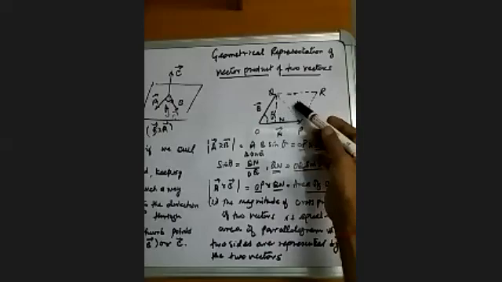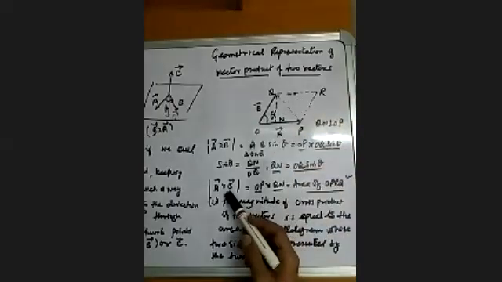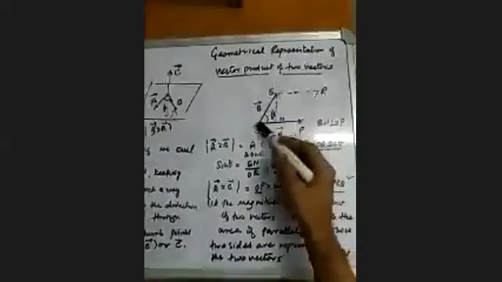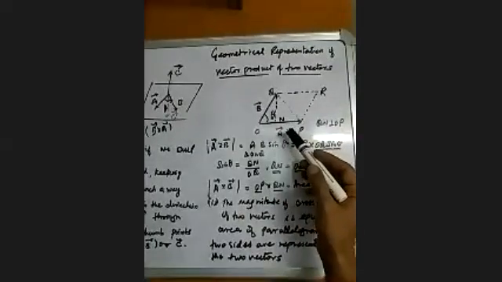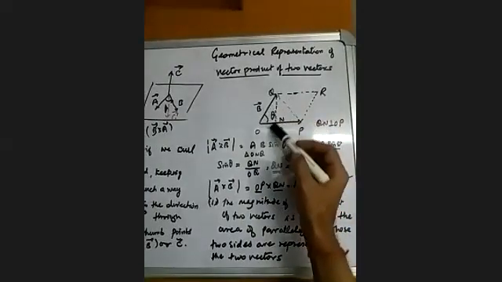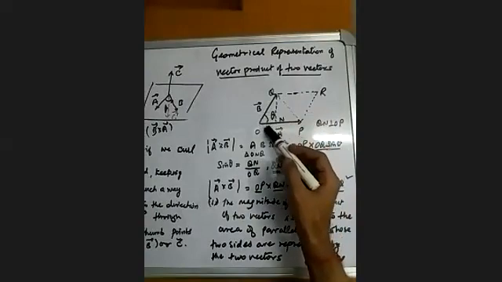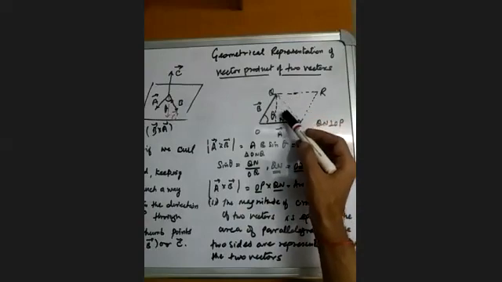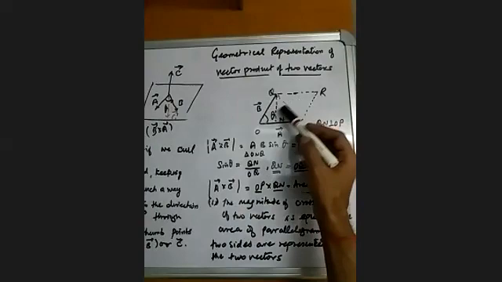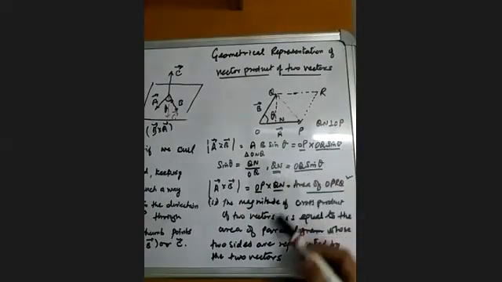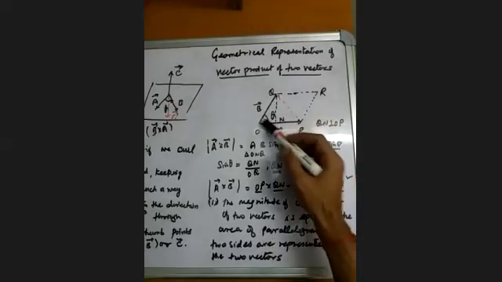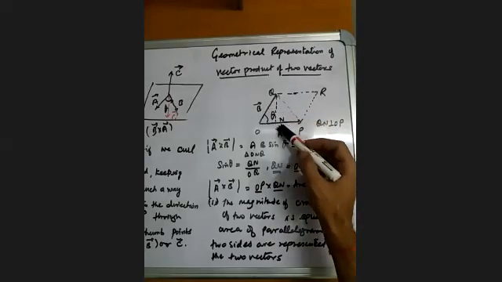So we can also say that the magnitude of the cross product of two vectors is equal to twice the area of a triangle whose two sides are represented by the two vectors. This is triangle OPQ. The two sides OP and OQ represent the two given vectors, and the area of the parallelogram is twice the area of this triangle.